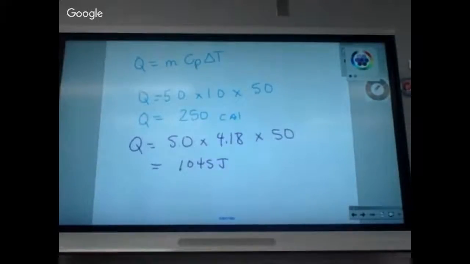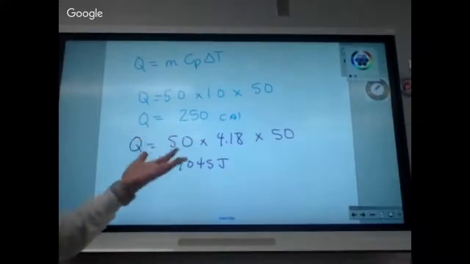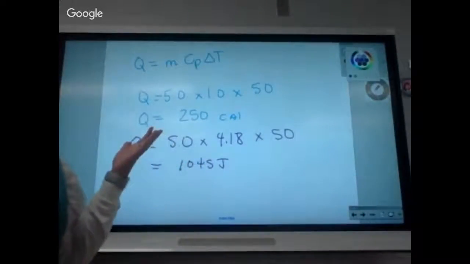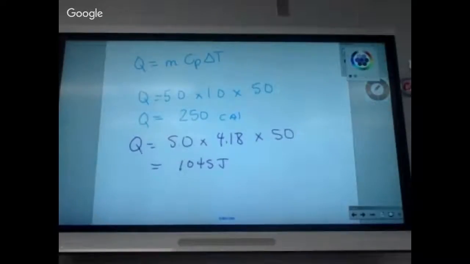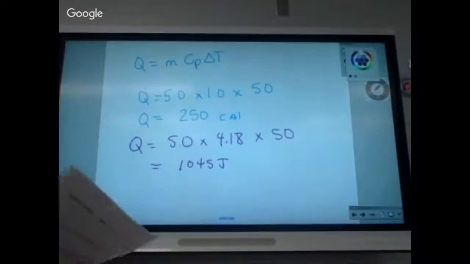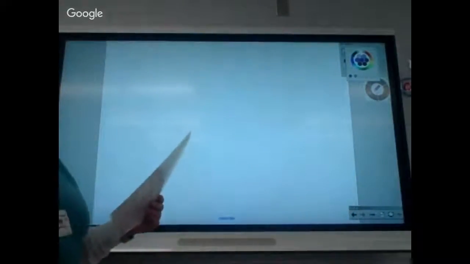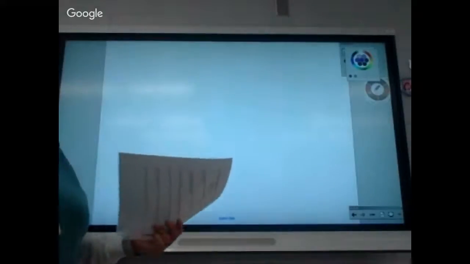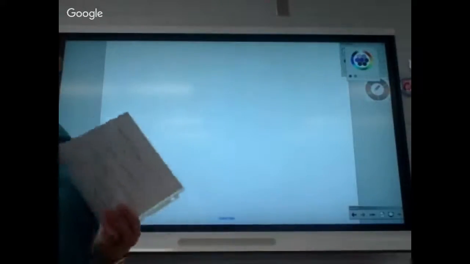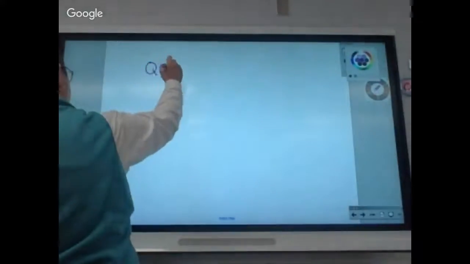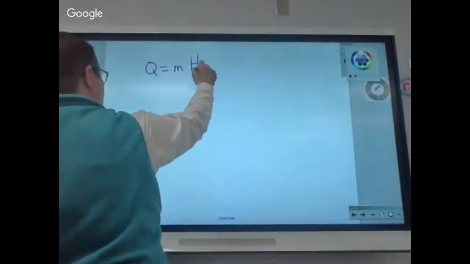Just 1 and 2? Anybody else? 3, 4, 5? All right, number 3. It says melt, so we got F, and that's how we know HF.